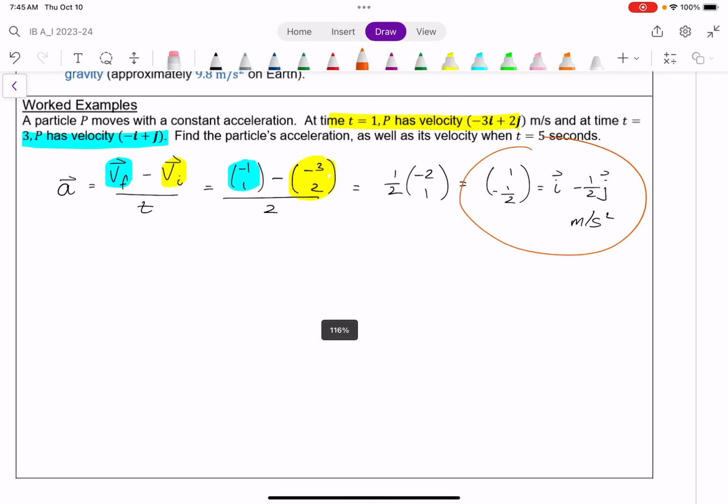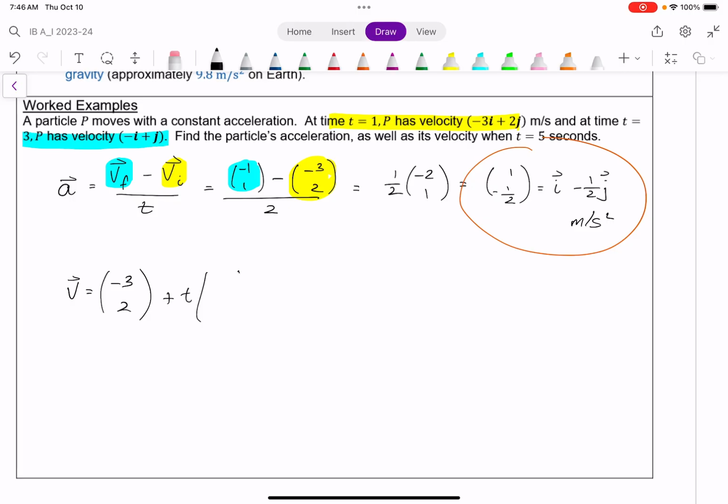And so then I ask, okay, what's the velocity after 5 seconds? There's more than one way of doing this. But in general, we can find the velocity at any given point by some starting point. This is like our position vector in the last question. I'll go with the velocity at 1 second, plus the elapsed time times the acceleration, which we now know is (1, -1/2).